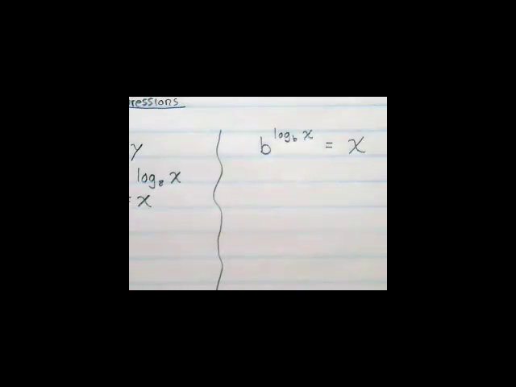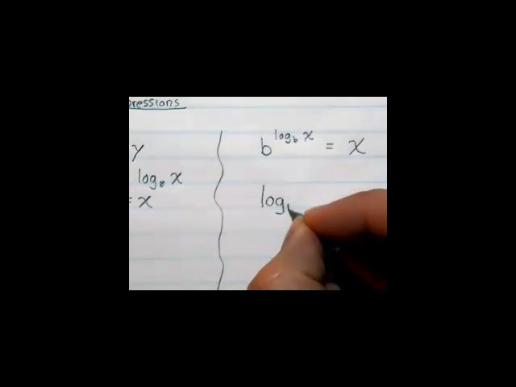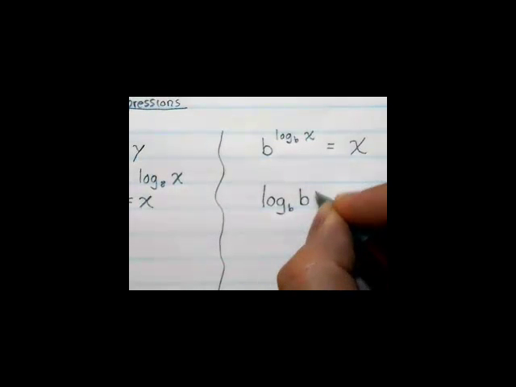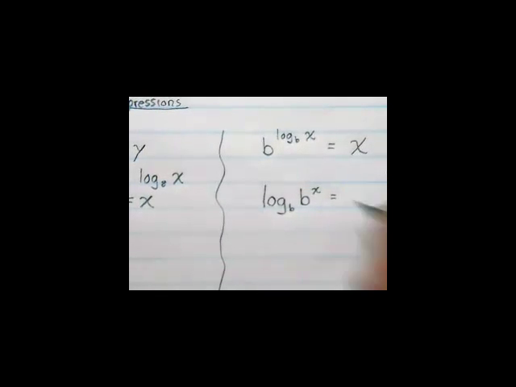And then likewise, if you have an exponential that's been dropped into a log, so if it's log base b of b to the x, again, bases have to match, but if the exponential is in the log, they cancel each other out, and then what's that equal to, do you think? Just x again. Yeah.